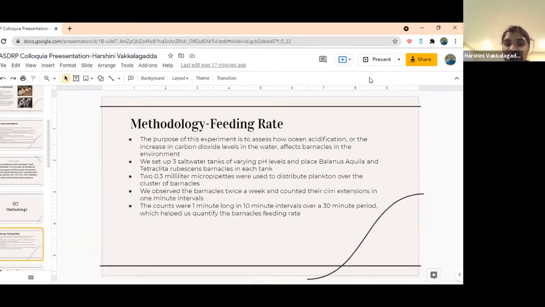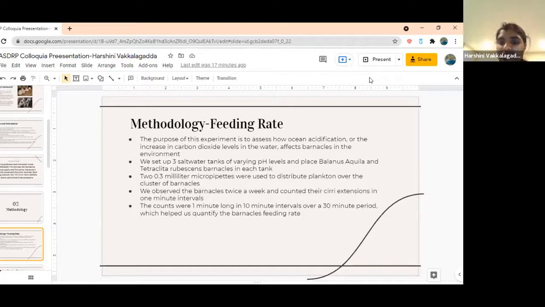Each saltwater tank had a different pH level that signified the present, past, and future predicted ocean acidification levels.